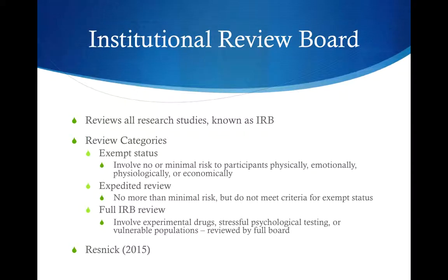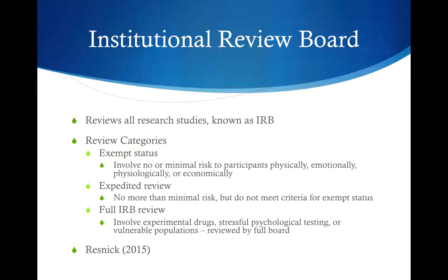So the Institutional Review Board is the board that reviews all research studies, known as the IRB. So if I say IRB, that's what I'm talking about. There are really 3 different categories that the IRB uses when reviewing research studies. The first one is exempt status, then expedited review, and full IRB review.